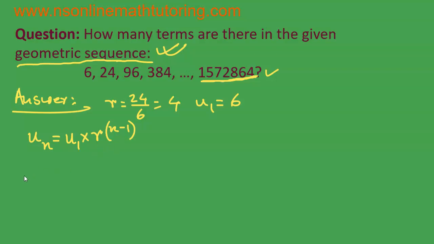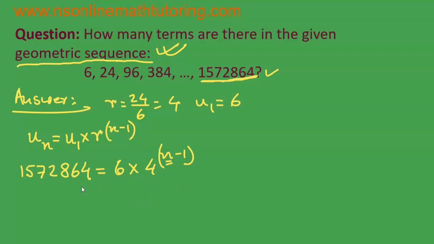So in place of un, I can write 1572864. It is a long number. 1572864 is equal to u1, which is equal to 6, times r, which is 4, to the power of n minus 1. Okay. And we have to get the value of n.